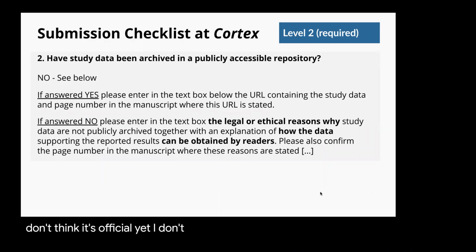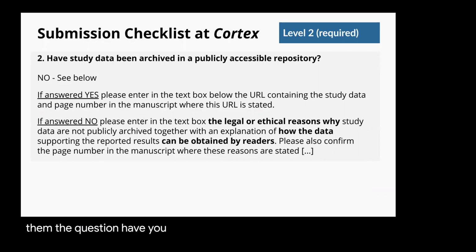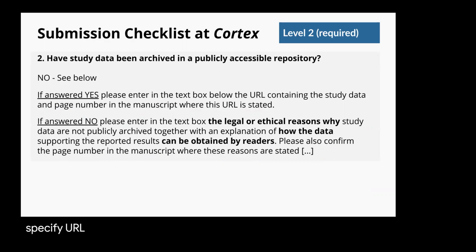I don't think it's on a website, but using an example from the data standard, you would have the question, have you archived the study data in a publicly accessible repository? If you answer yes, then all you need to do is specify a URL, which will take you to a trusted repository. Now, if you answer no, things get a bit more complicated.